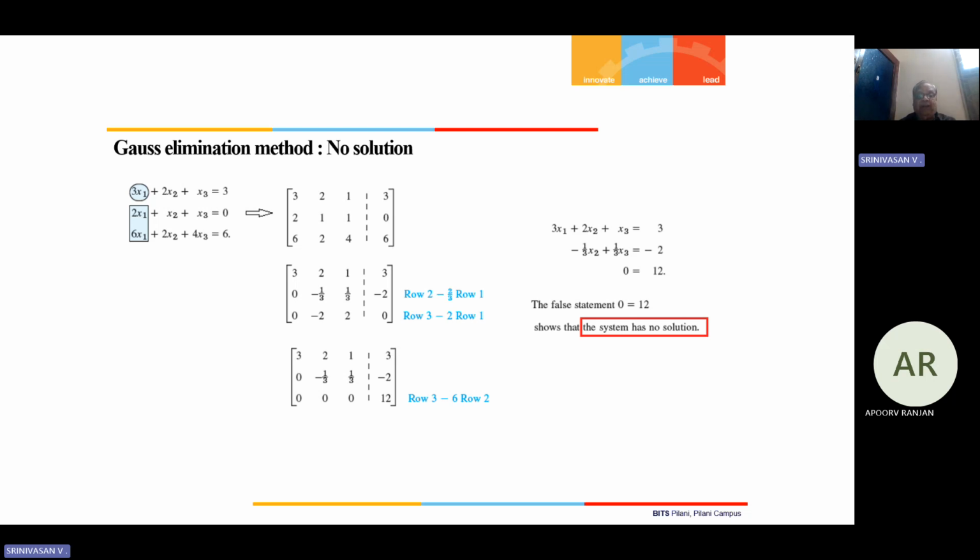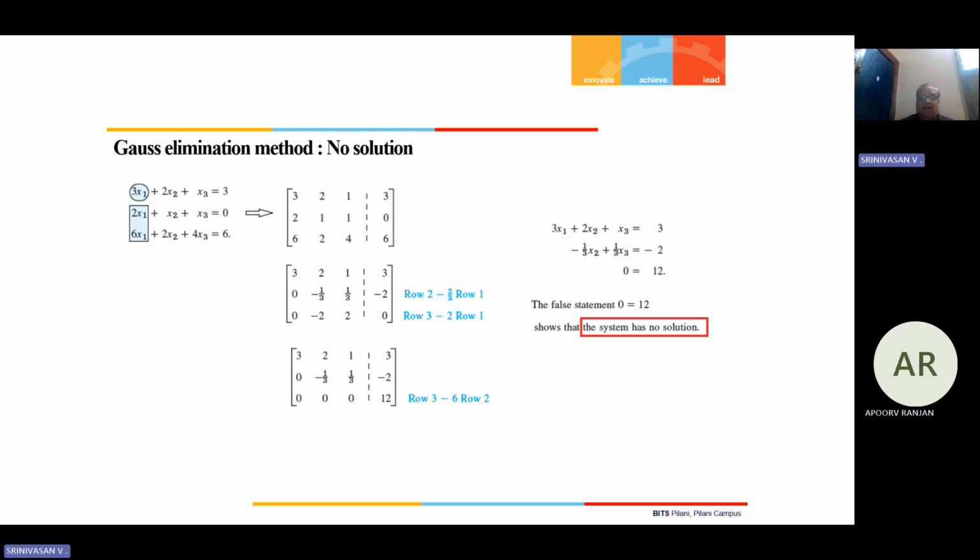It so happened that when doing the second set of operations, R3 in terms of R2, the coefficient of z in the third row came to 0 on its own, automatically, because of the operation.